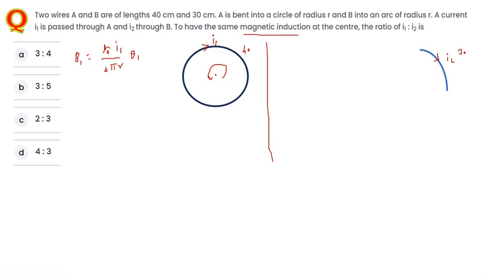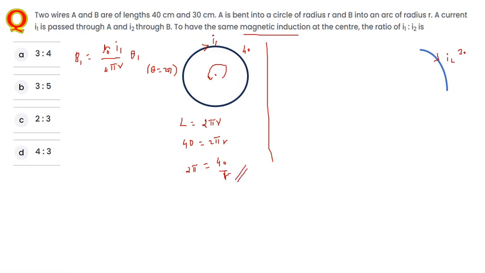Now the length here is 40 centimeters. For this, the length is equal to 2 pi r, and theta here is equal to 2 pi. The length value is already given, that is 40 is equal to 2 pi into r. From here, 2 pi is equal to 40 divided by r. Remember this one, 40 divided by r.